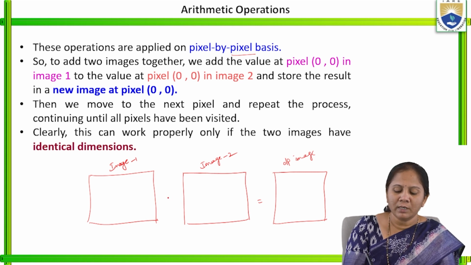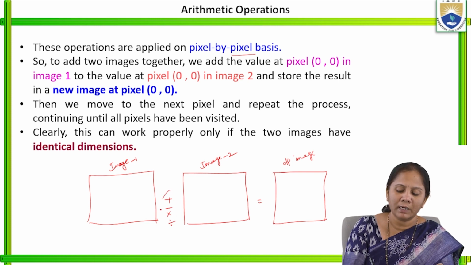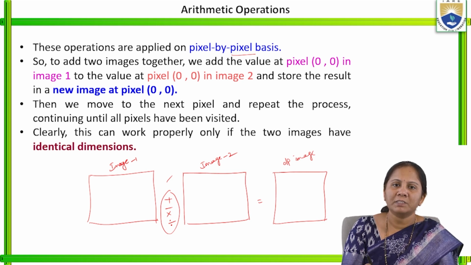That operation may be addition, subtraction, multiplication or division. Any arithmetic operation can be applied between these two images, but it should be applied on a pixel by pixel basis only.